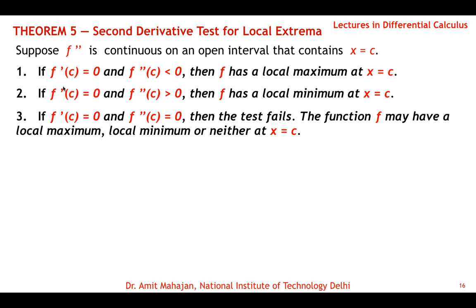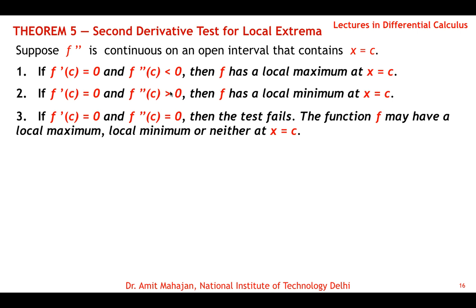Also, if the derivative is 0 at c and the second derivative is positive at c, then f has a local minima at x equals c. Again with a similar argument: if the second derivative is positive at c and continuous in an open interval containing c, then for all x in this open interval the second derivative will be positive, and that means the first derivative will be increasing.